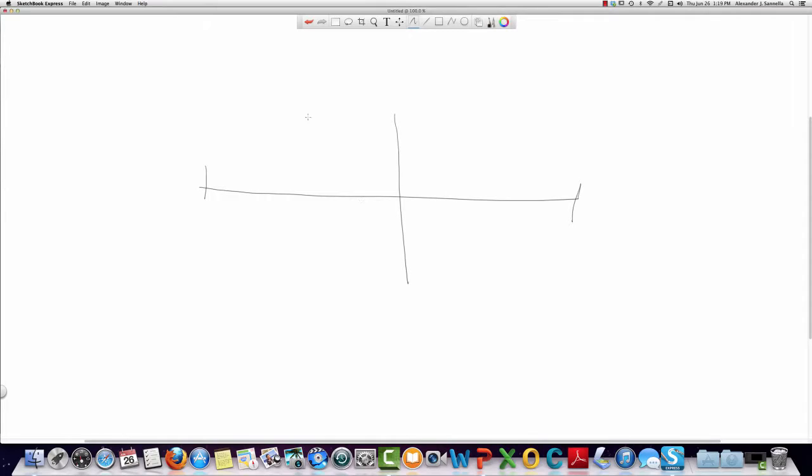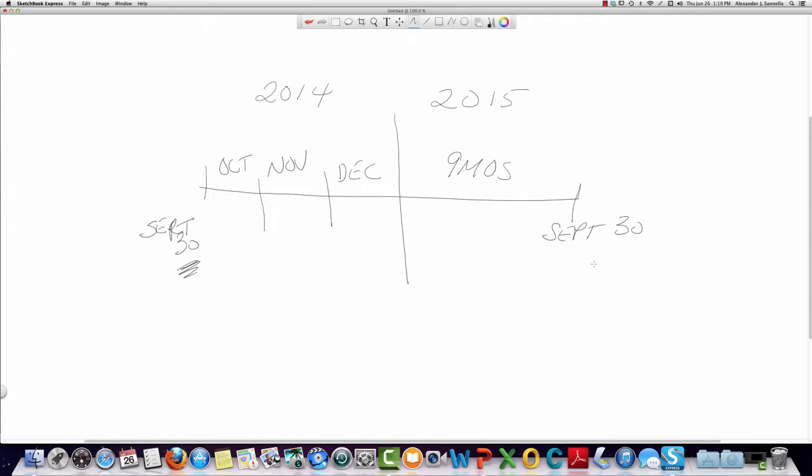So again, if this is 2014 and 2015, and this is September 30th, which is the date of the note, and then we have the 3 months, October, November, and December. And then in 2015, you have 9 months until September 30th when the note is due.